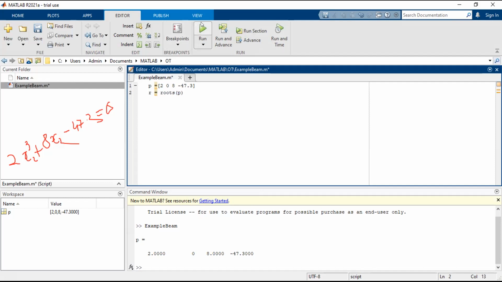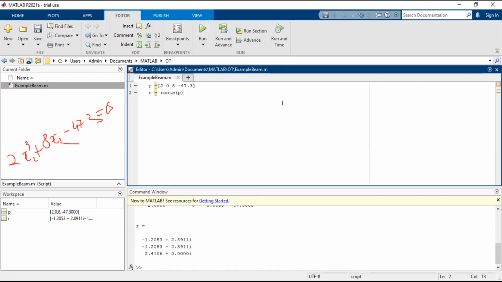Now if we run it, you will get the values of the roots. Because the highest power of the polynomial is 3, you are getting 3 different values. So you can find the roots of any polynomial using this formula. Are you getting this?